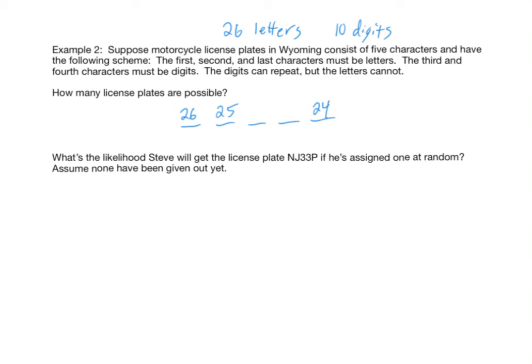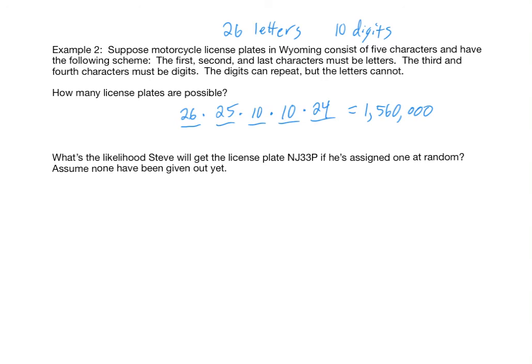And then the digits can repeat, but the letters cannot. So you can put any of 10 digits here, and any of the 10 digits here. By the fundamental counting principle, if we take the product of these 5 individual tasks, you get a total of 1,560,000. This is how many license plates are possible.